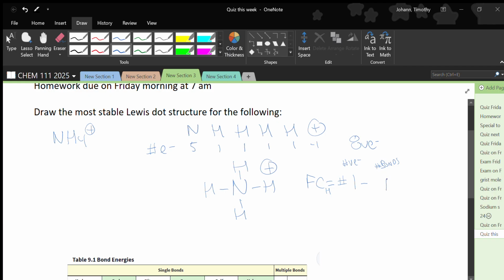There's 2 electrons in the bond, but we're counting bonds here. Then, how many unshared electrons do we have? 0. Is there another thing or was that it? That feels like that's it to me. So 0 is our formal charge on our hydrogen.